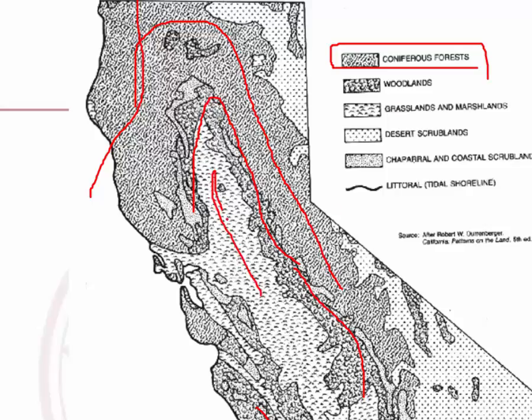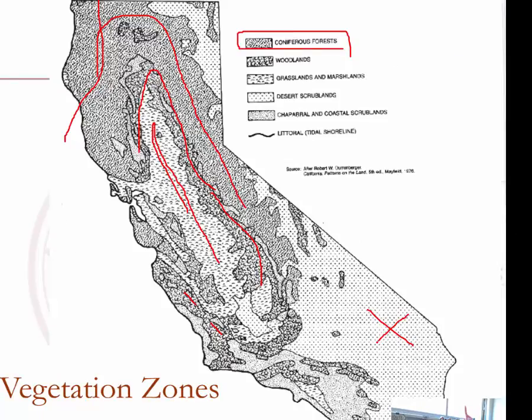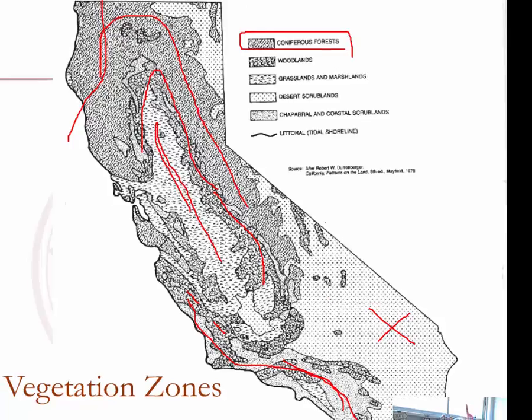We have grasslands through the Great Central Valley, desert scrubland out here in the southeastern part of the state, and chaparral scattered along the coastal zones, particularly here in Southern California, and bits and pieces further north. These, I think, are fair to ask you to remember.